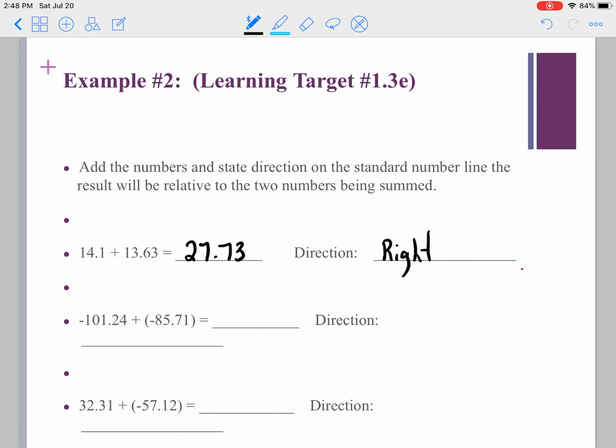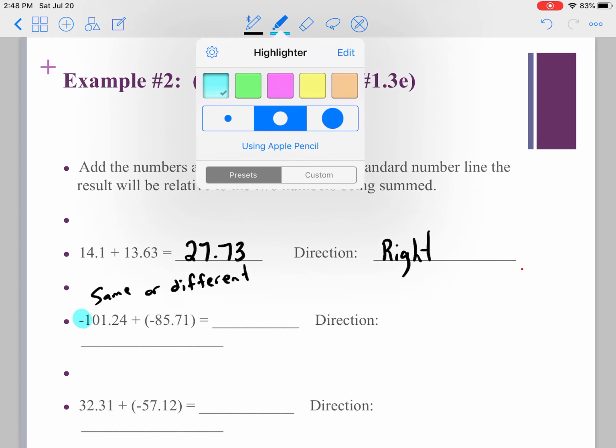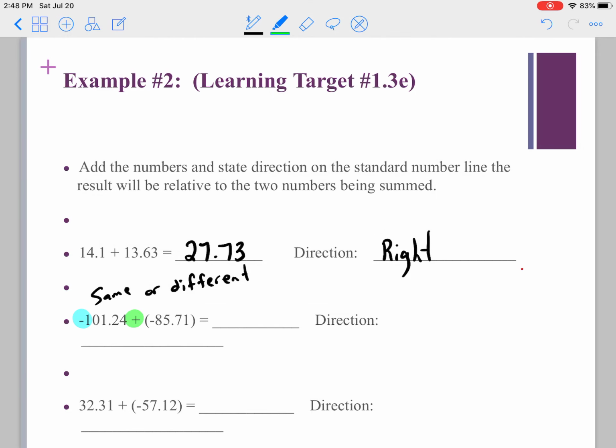Negative 101.24 plus a negative 85.71. So the first thing we have to determine is: are we adding numbers with the same or different signs? We have to be careful, because the initial thought may be, oh, the signs are different because I have a negative and I also have a positive.